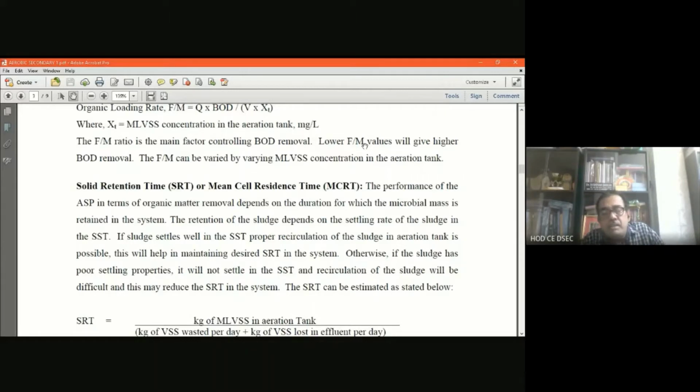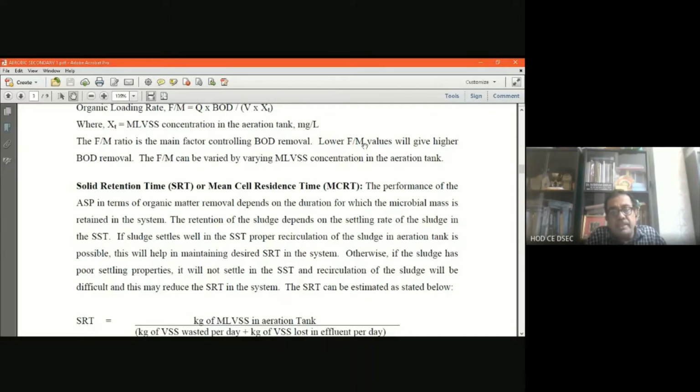The performance of the activated sludge process, the aeration tank, in removal of organic matter depends on the solid retention time, because of the duration for which the microbial mass is retained in the system.